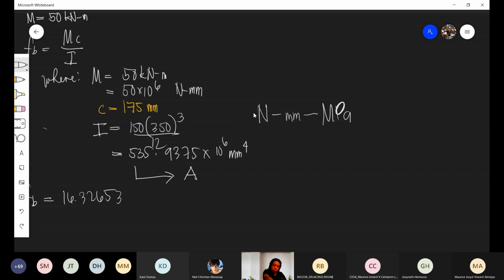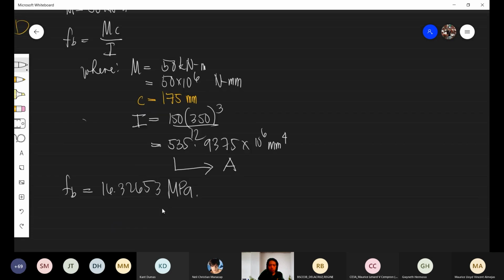That's why if you want your answer in megapascal, all forces should be in terms of Newton and all distances should be in mm. Newton, mm, megapascal.